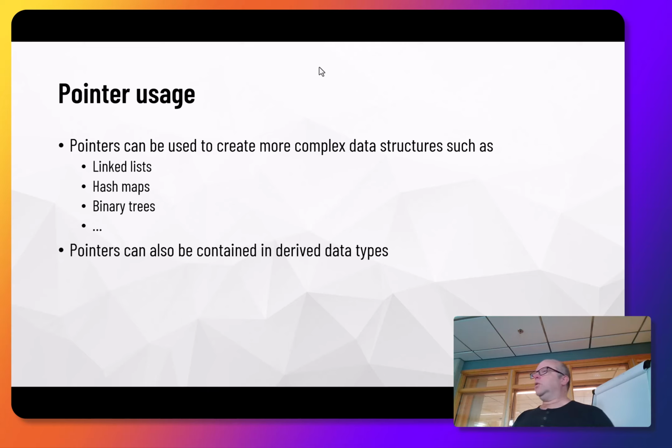You can actually use real pointers to create these more complicated data structures. You can also have pointers contained in derived data types. So you can have, for example, a linked item that has the next and previous element. You can go back and forth. That is something you can do by using pointers in derived data types.